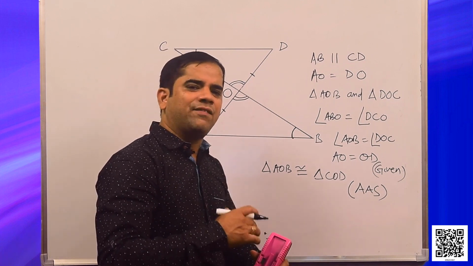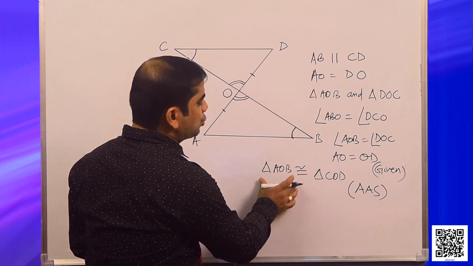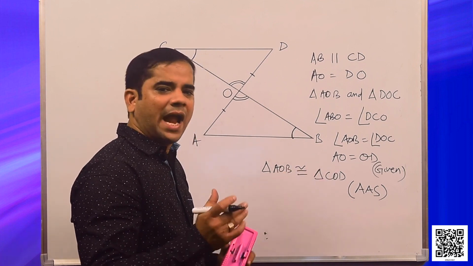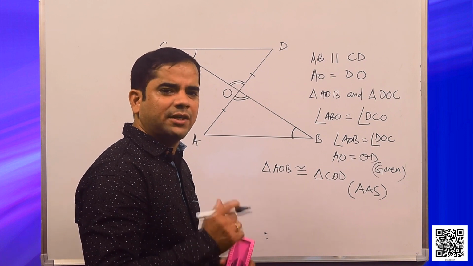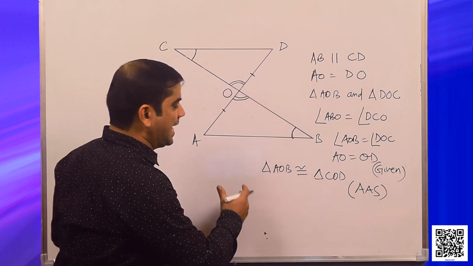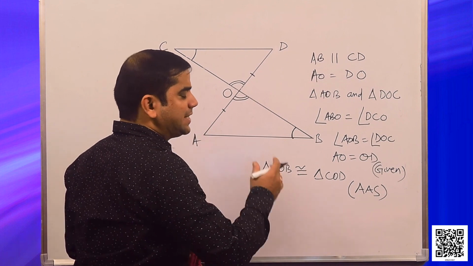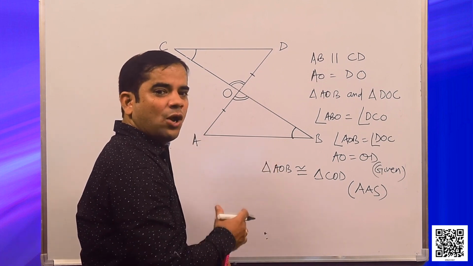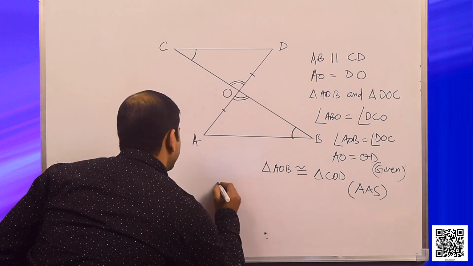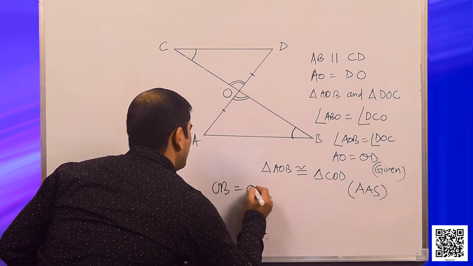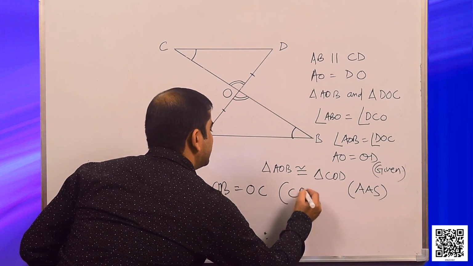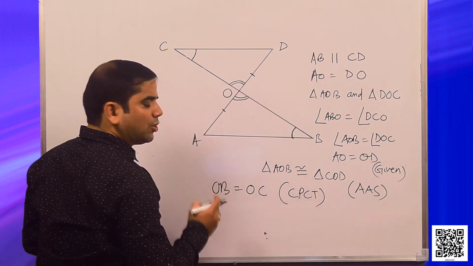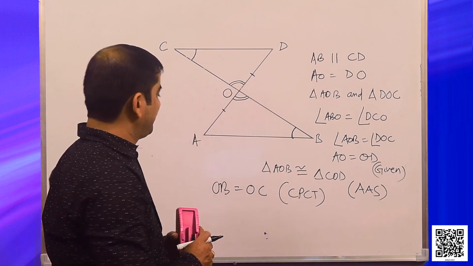What else can we find? Because these two triangles are congruent, the corresponding sides and corresponding angles are also equal to each other. So, in triangles AOB and COD, OB is equal to OC. Why? CPCT, corresponding parts of congruent triangles.